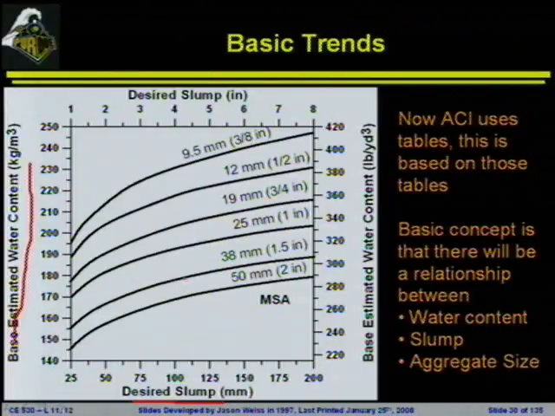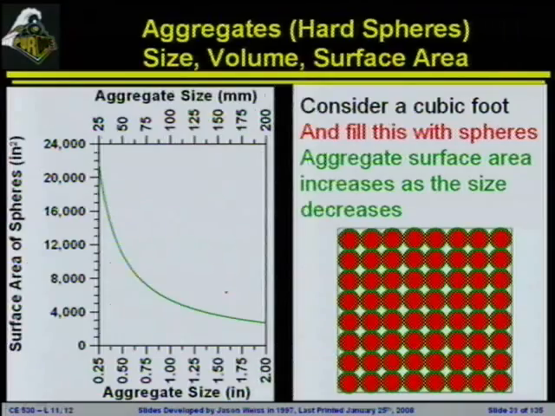I will also point out that this graph is wonderful because it allows people who love the metric system and people who love the conventional U.S. system to coexist. So we have pounds per cubic yard, kilograms per meter cubed, inches, and millimeters, all on the exact same plot.